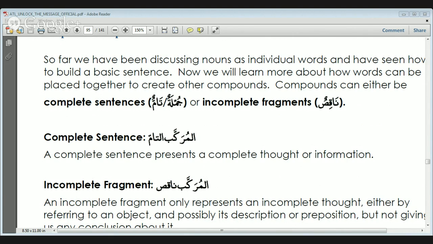A harf jar compound is composed of 2 things: an ism and a harf jar.